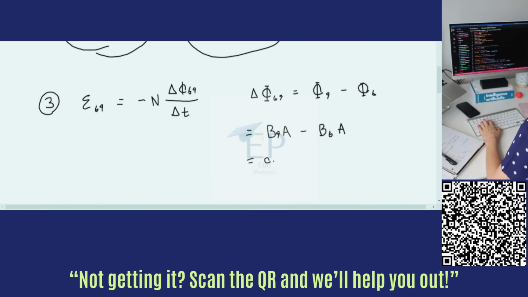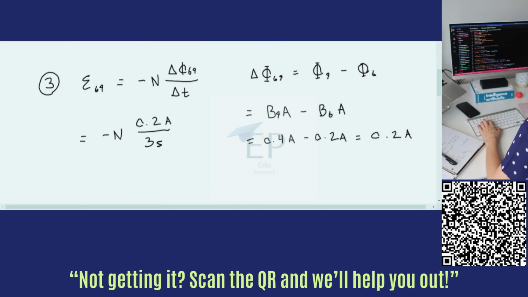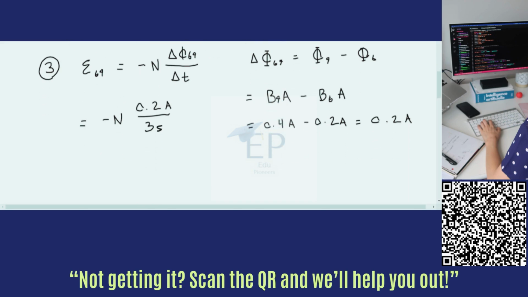This would be 0.4 times A minus 0.2 times A, which is just 0.2 times A. So our induced EMF then is minus n times 0.2A divided by 3 seconds, which, if we plug in our remaining values for n and A, is just going to yield 0.5 volts.